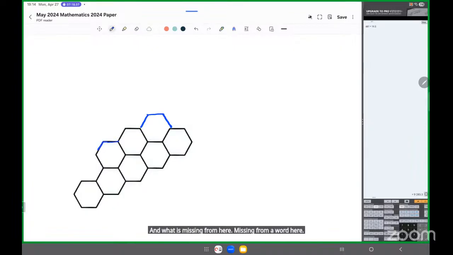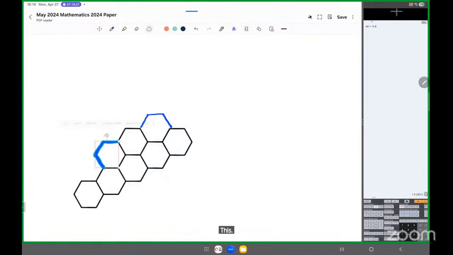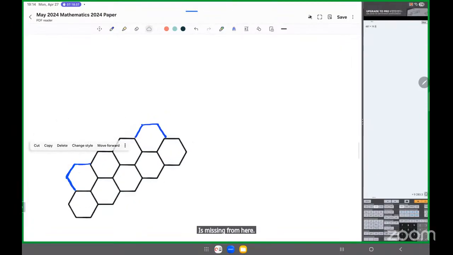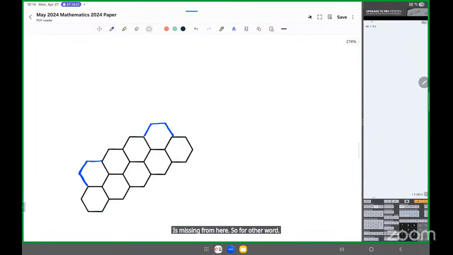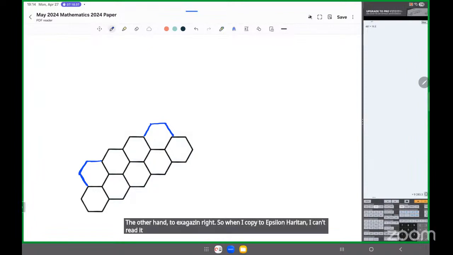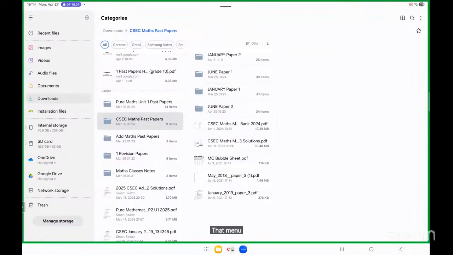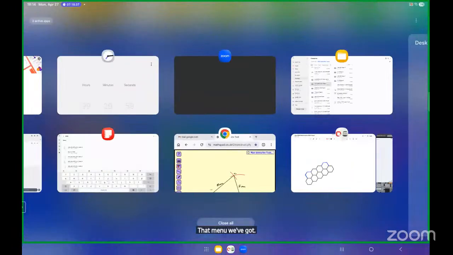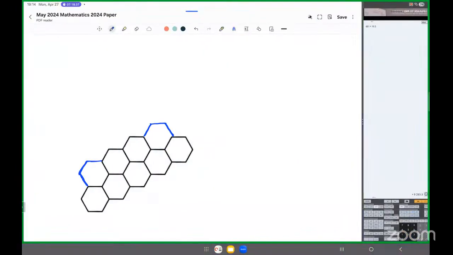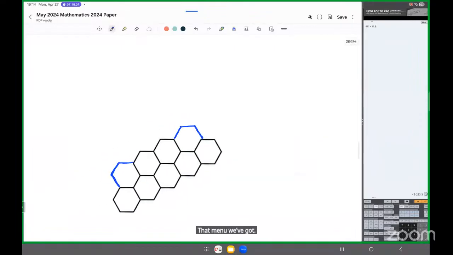This is missing from here. So far, so good. We need to add on two hexagons, right? So we're going to copy two hexagons and add them on. Oh, right. So I'm going to add on the two hexagons now.